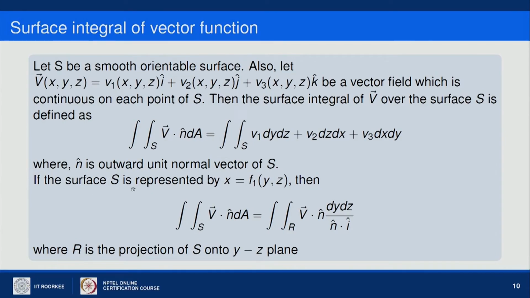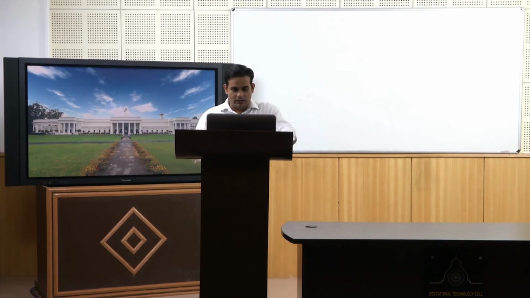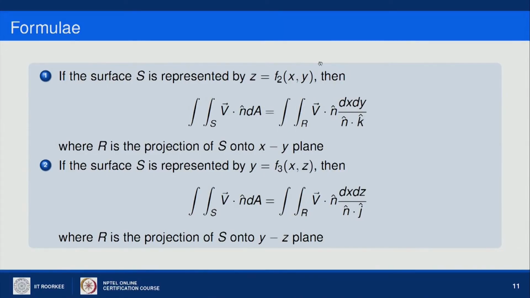So now if the surface S is represented by x equals f1 of yz, then the surface integral of V will become in this way. So double integral over the region R of V dot n dA can be written as dy dz over n dot i, where R is the projection of S onto the yz plane. Okay. Similarly, if the surface S is represented by z equals f2 of xy, then the surface integral of vector V over the surface S is given by this formula.